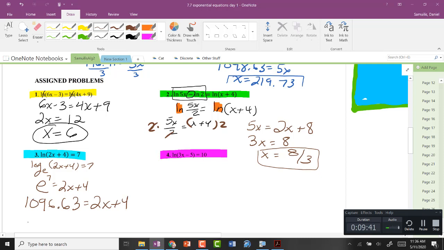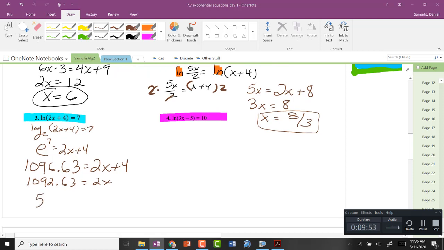So subtract 4, you get 1092.63 equals 2x, and then divide that by 2. So our answer should be 546.32.